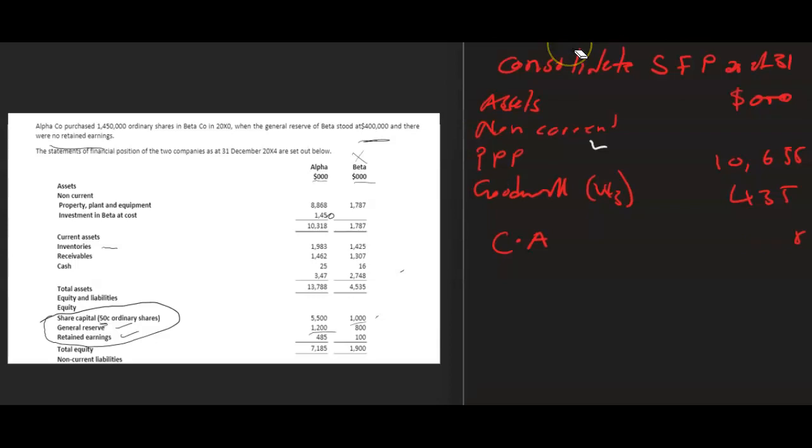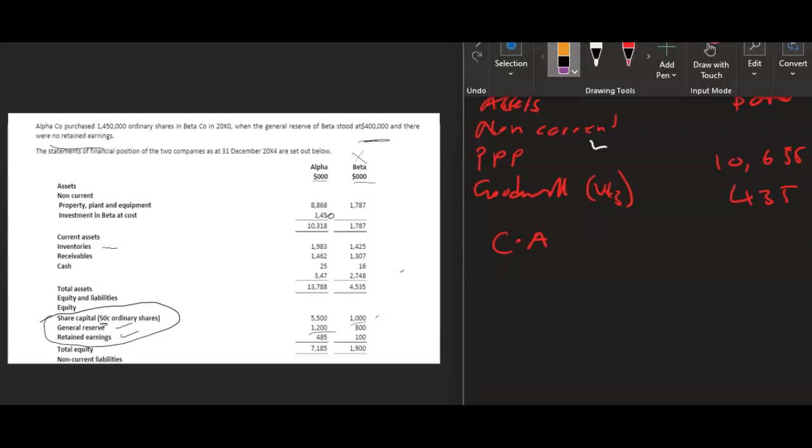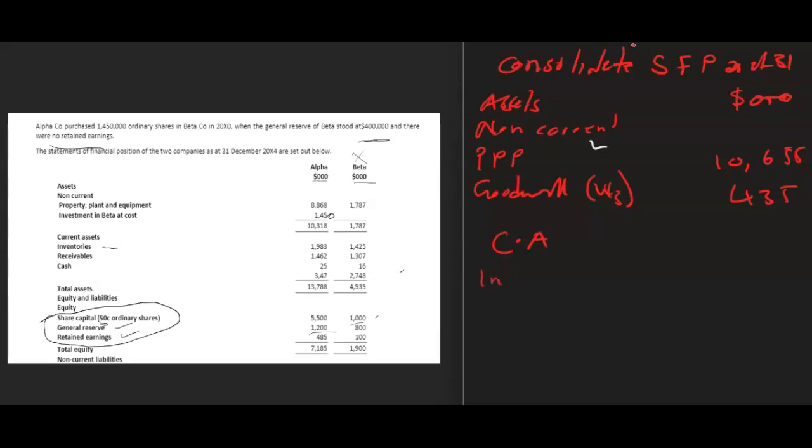Okay, let's erase that. And we start again. Inventory. Okay, we said inventory was 3,408, right?